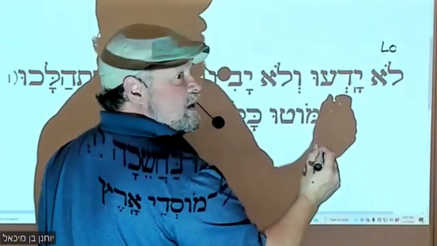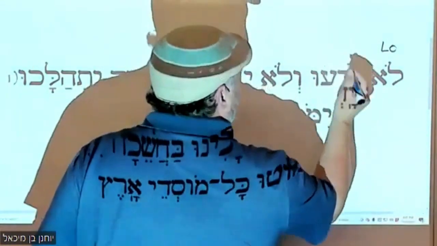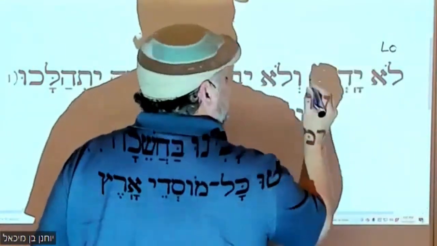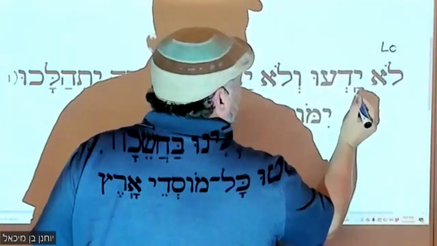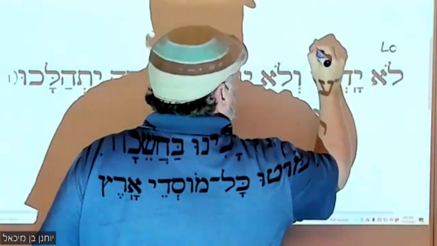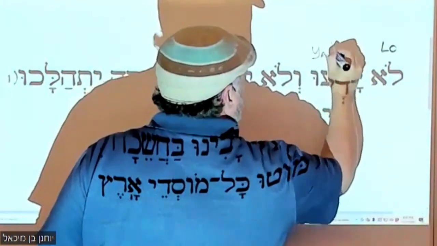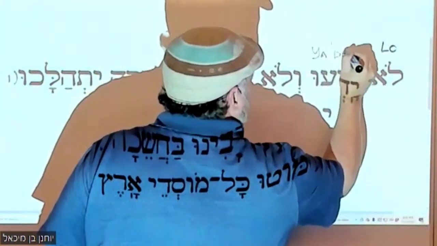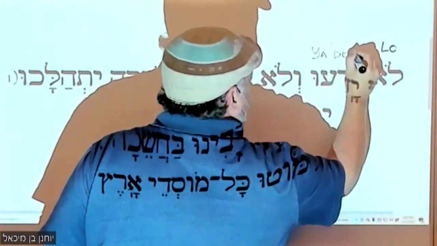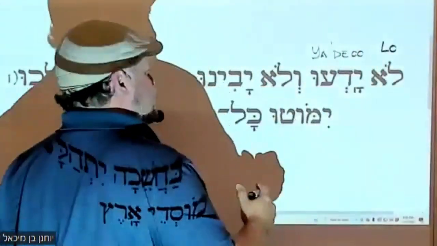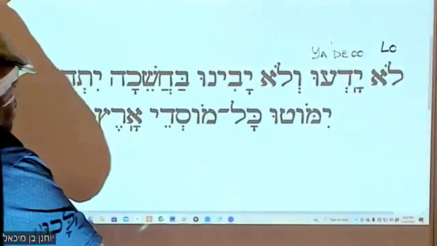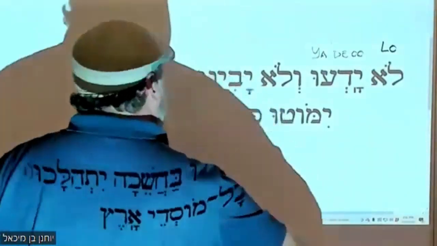That's a deu, not a deu. All right. So ya deu. I'll put two O's there so that'd be easier for folks. All right, deu. All right, so what about the next word?